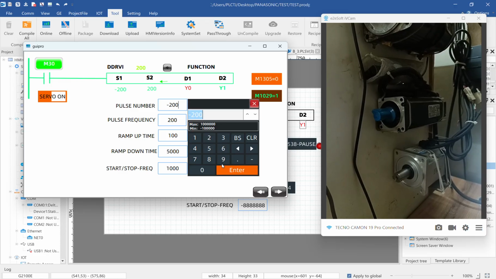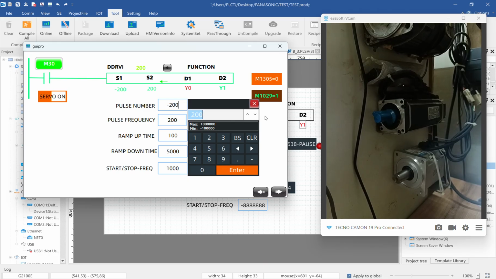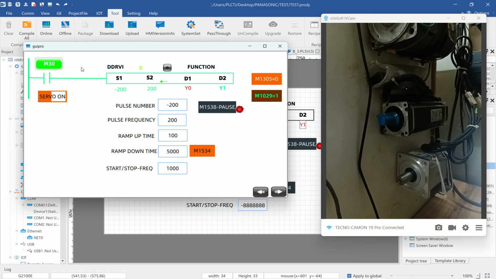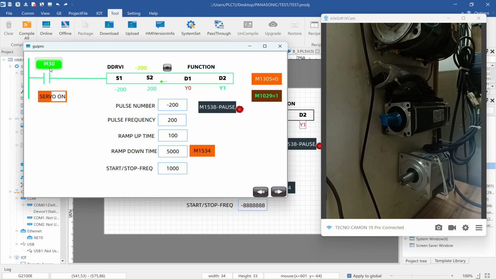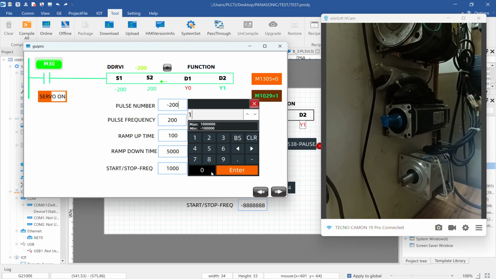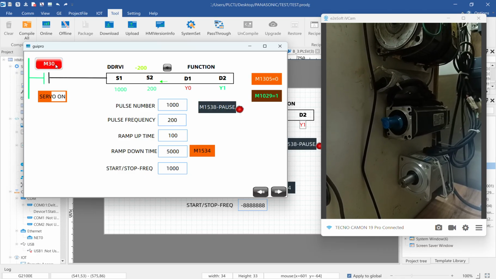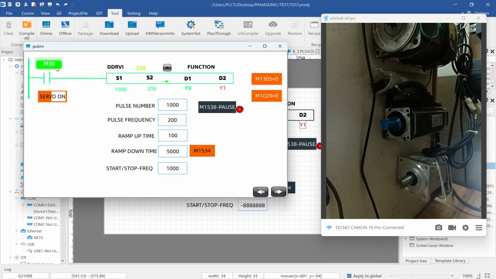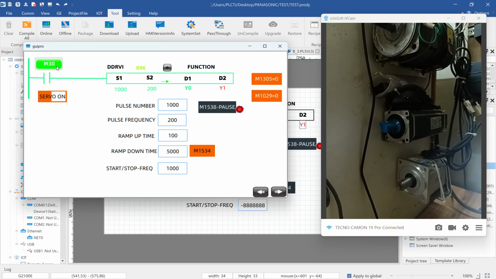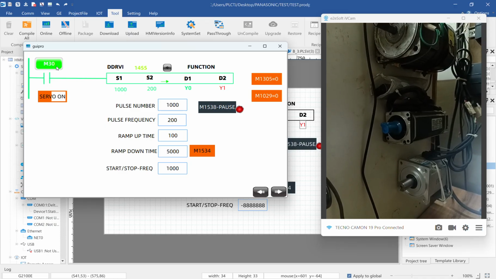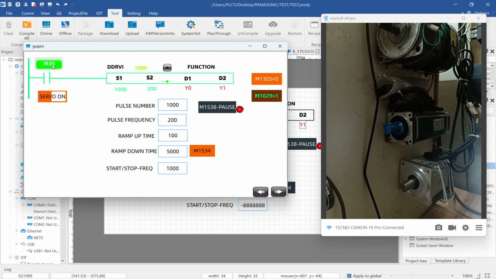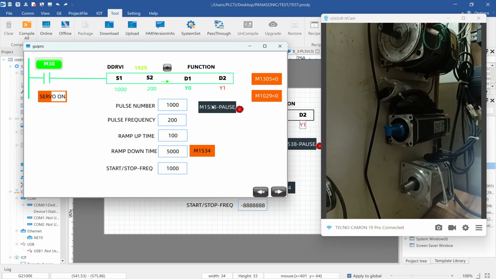If I come again, it becomes 0. Now it is moving in minus. Maybe I make 5 rotations at one time: 1, 2, 3, 4, 5. Again, I make a pause.